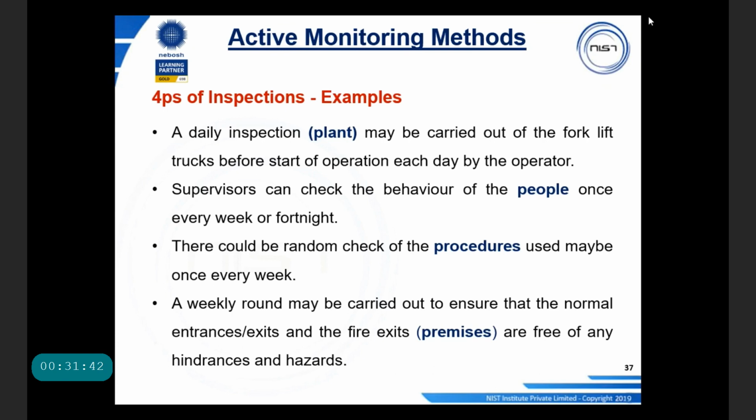Also remember, when such a safety tour is being conducted and somebody very senior is part of it, do you think this shows the commitment of the management for safety? When somebody senior is participating in this kind of walk around or safety tour, is it showing their commitment? Yeah.